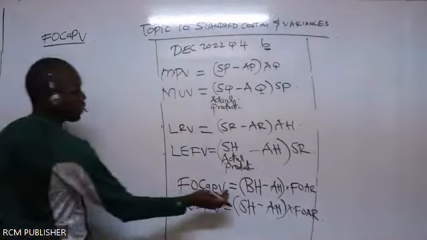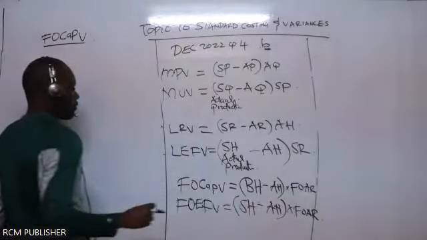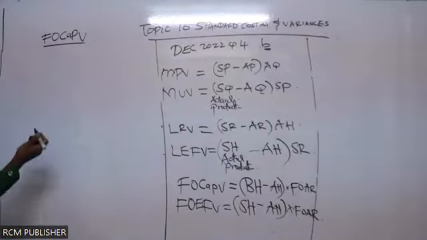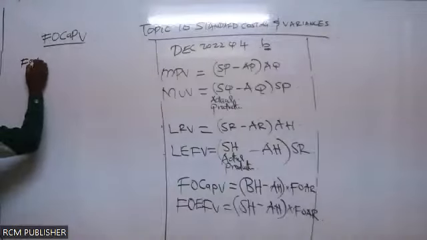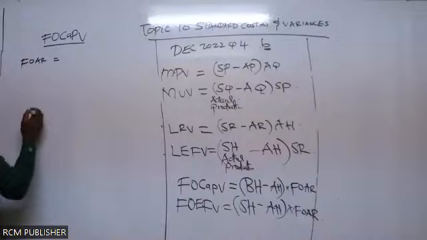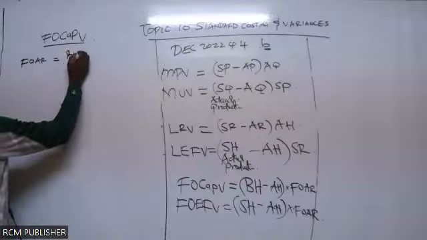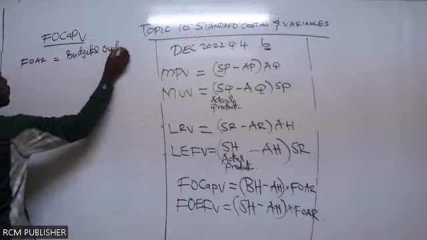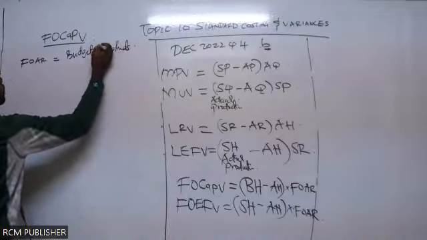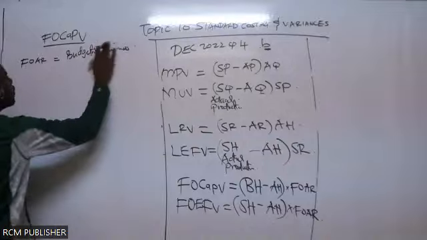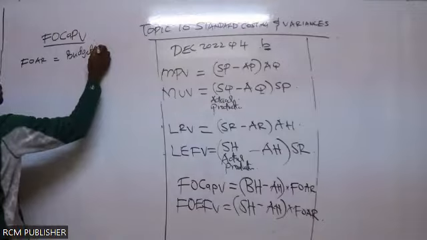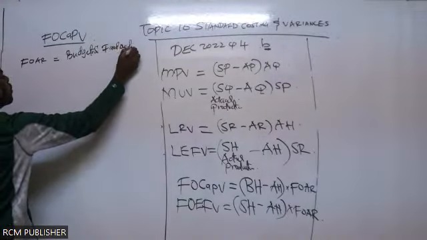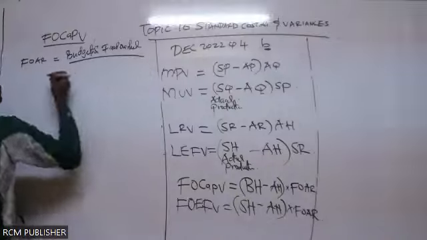So the first item, we are required to get the budgeted hours. That is what you need to know. Then you also have fixed overhead absorption rate. So my interest is going to be fixed overhead absorption rate, which will be equivalent to budgeted fixed overhead divided by budgeted activity level.